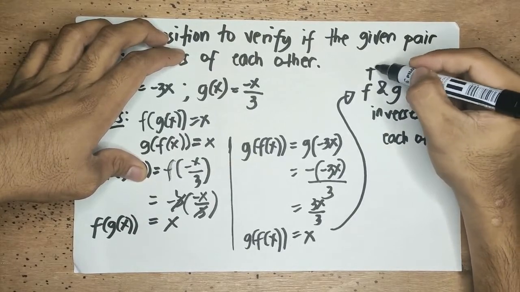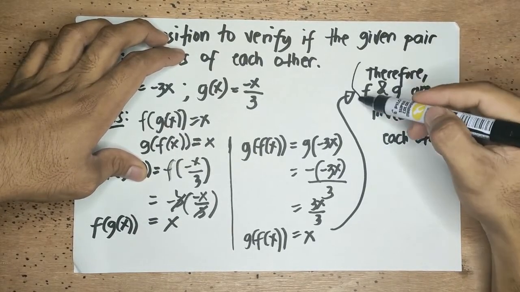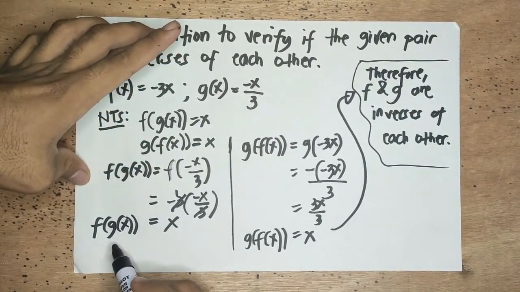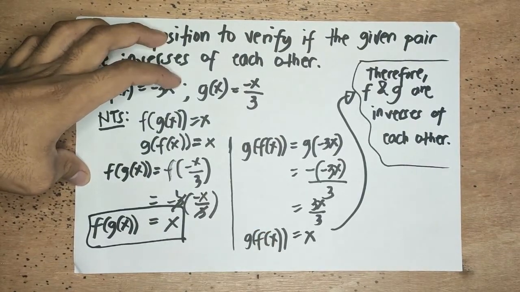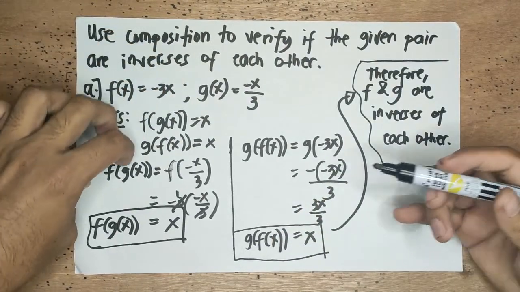Okay, so we can say therefore f and g are inverses of each other, since naipakita natin na f of g of x ay equivalent ni x at yung g of f of x ay equivalent din ni x.